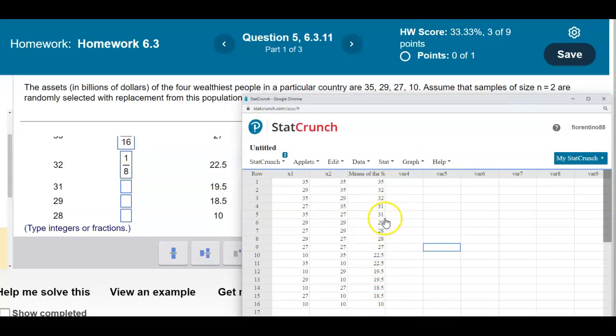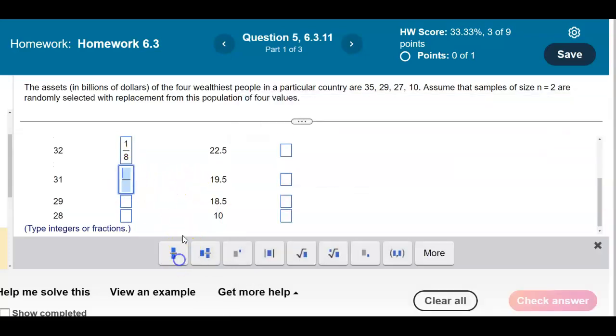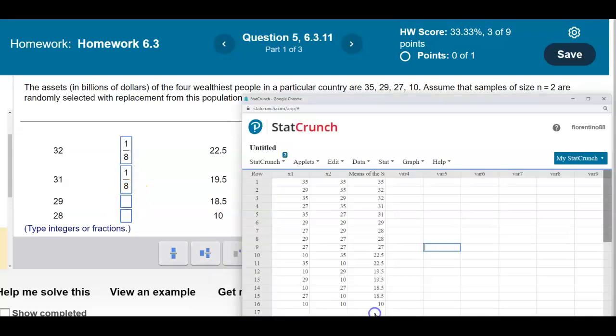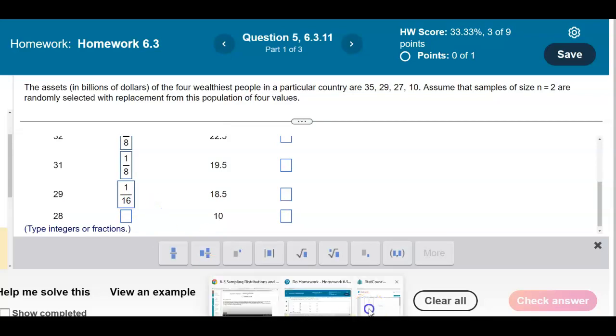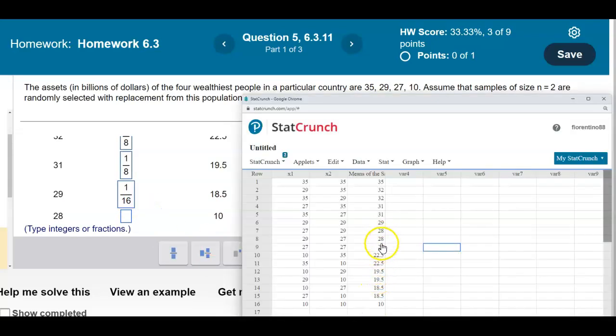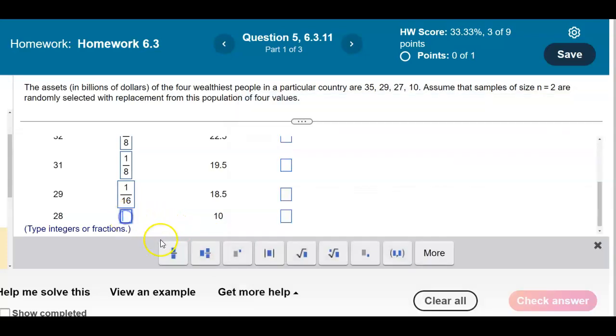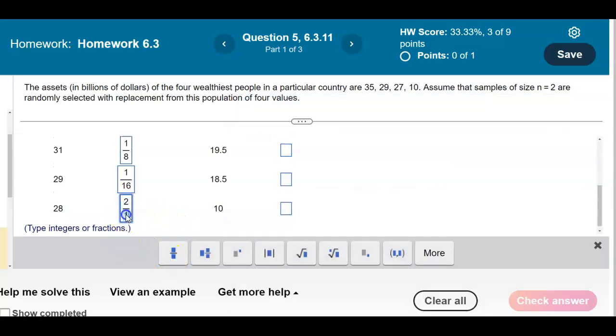There are 2 of those, so 2 out of 16, which again is 1 over 8. For 29, there's only 1 of them, so that fraction is 1 over 16. For 28, there are 2 of those, so again 2 out of 16, which is 1 over 8.